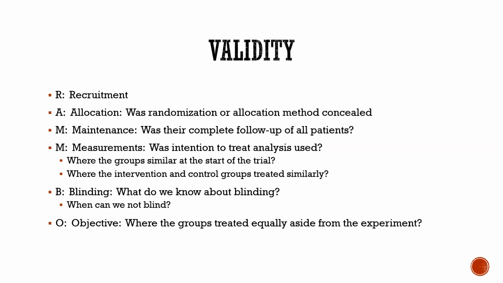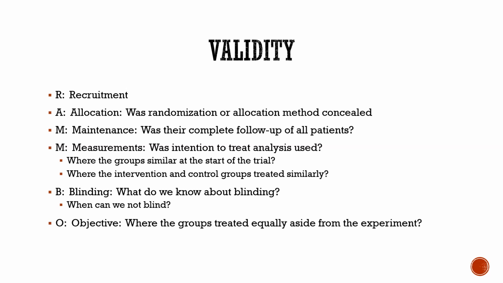When talking about if they're treated similarly, this is aside from the intervention. A lot of times, if you're doing interventions, patients are meant to get one thing, but as a side, they also get information from the doctor, education, that might also impact the results.